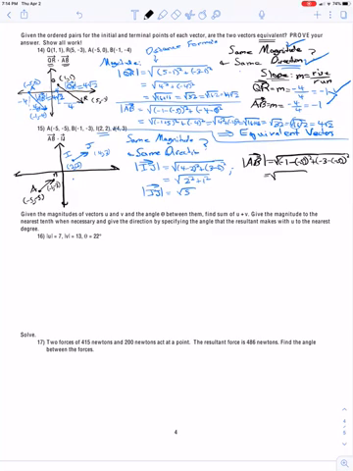We simplify: -1 minus -5, that's -1 plus 5, squared, plus -3 minus -5, that's plus 5 squared. So we simplify, we got the square root of 4 squared plus 2 squared, which is the square root of 16 plus 4, which is the square root of 20.